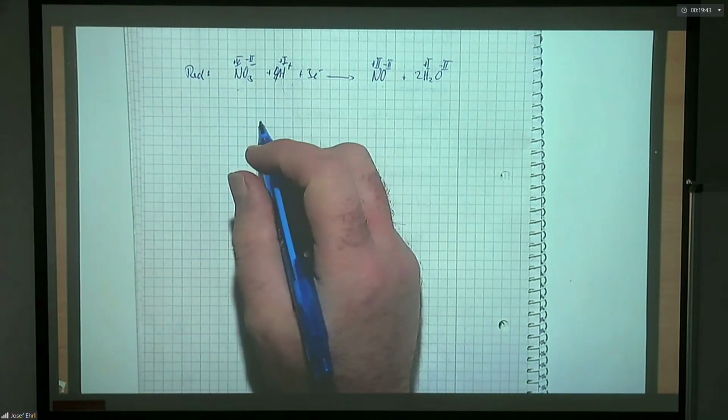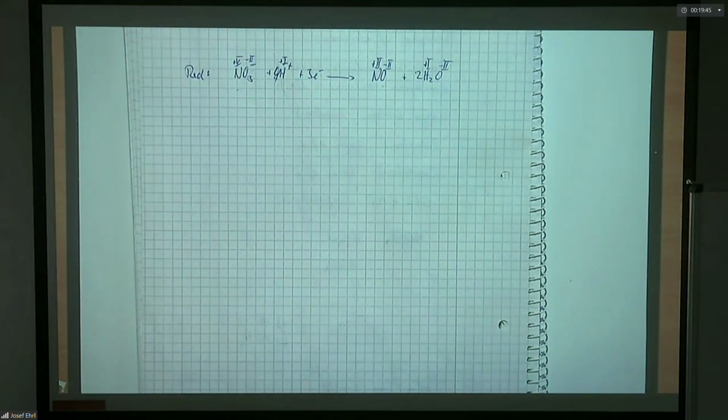So the answer to this question, the oxidizing agent in this reaction is the nitrate ion, which becomes reduced to nitrogen monoxide. So the answer, the oxidizing agent is nitrogen, is only partly correct, because the oxidizing agent is nitrate, or 100% the nitrogen atom in nitrate.